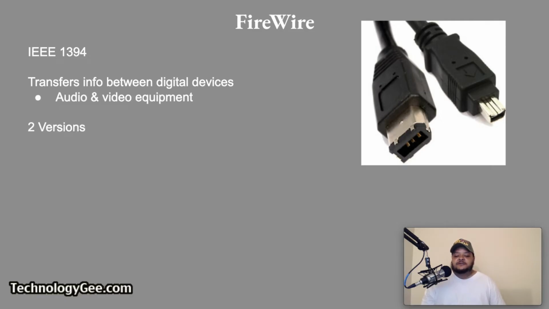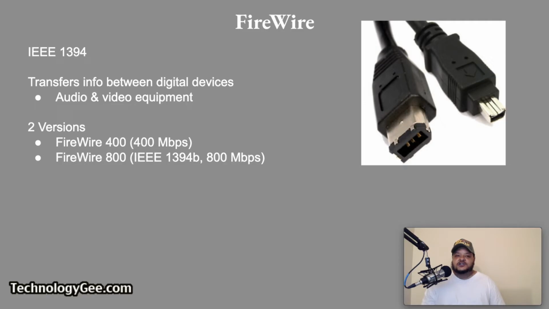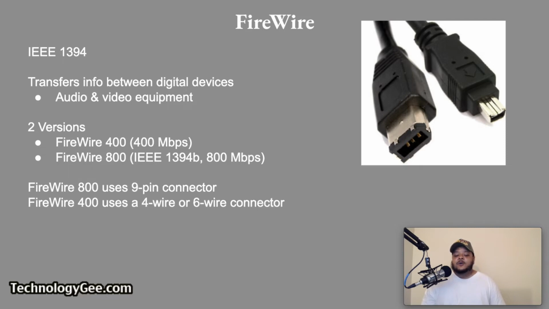FireWire comes in two versions. You have FireWire 400, which runs up to 400 megabits per second. And then you have FireWire 800, also known as IEEE 1394B, which runs up to 800 megabits per second. FireWire 800 uses a 9-pin connector, and FireWire 400 uses a 4-wire or a 6-wire connector.